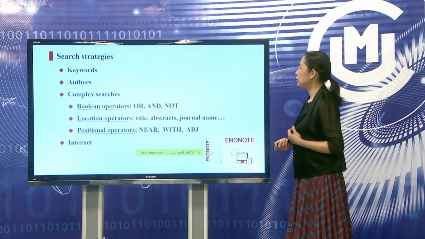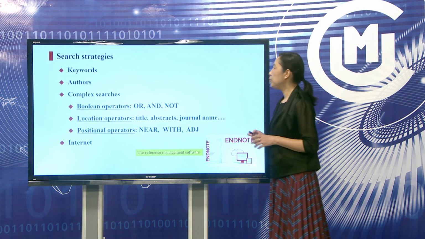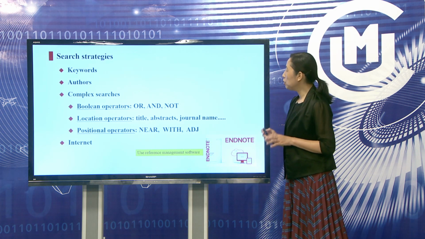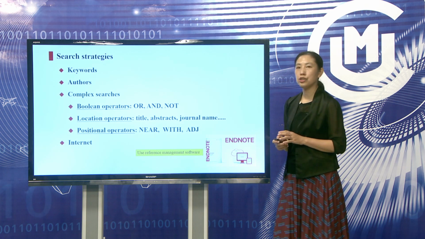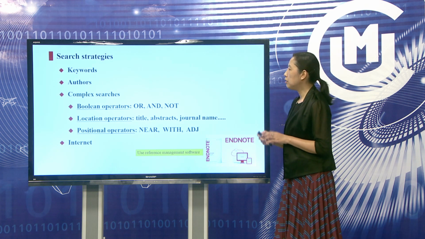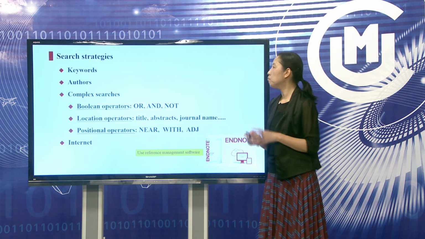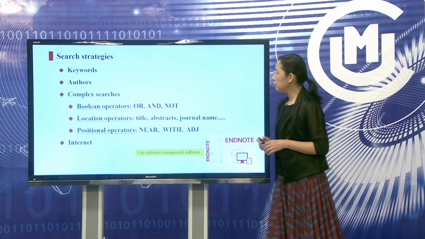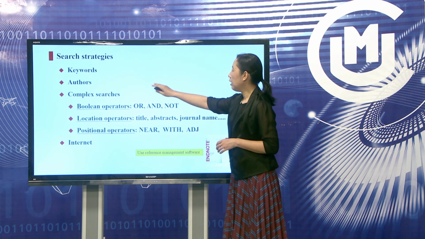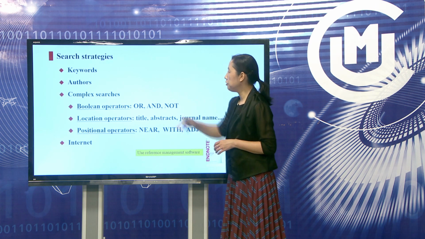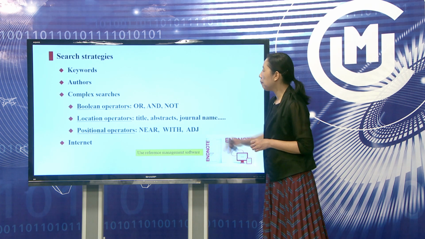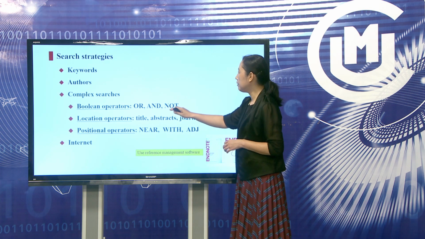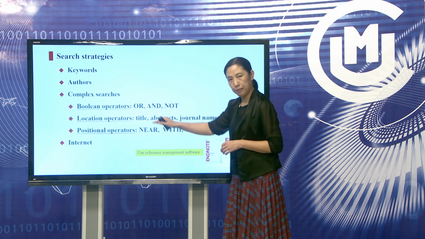And when you search the literature, you do need some strategies. I hope you will learn some strategies to search the literature. I will not give you detailed information here, but usually we may use keywords and the author to find the literature, or we may use a complex search, such as using the operators or, and, not, which we call Boolean operators.